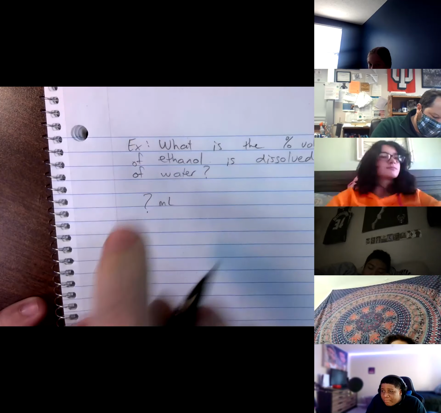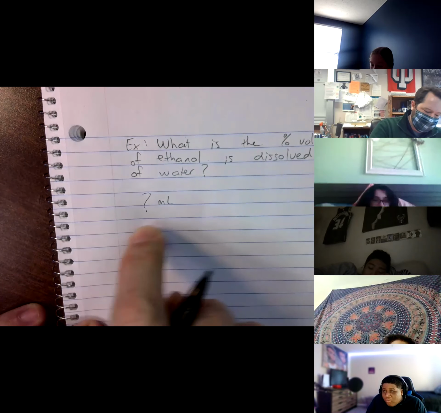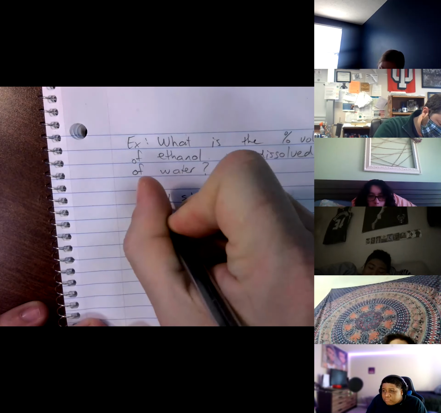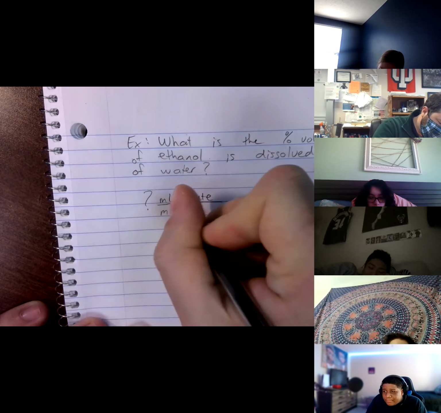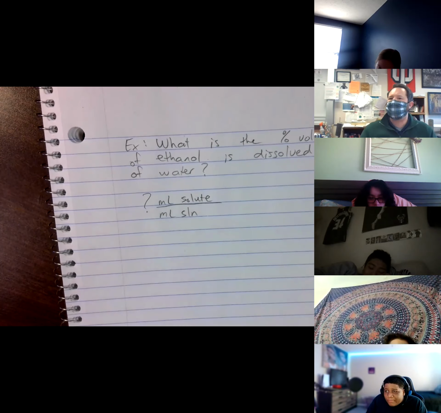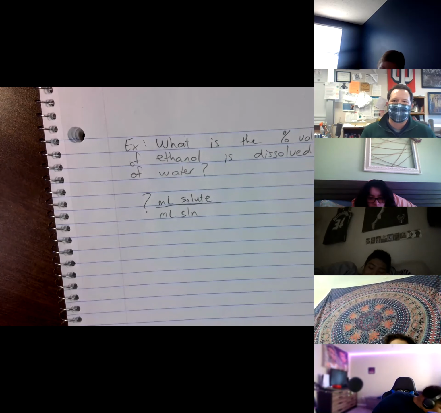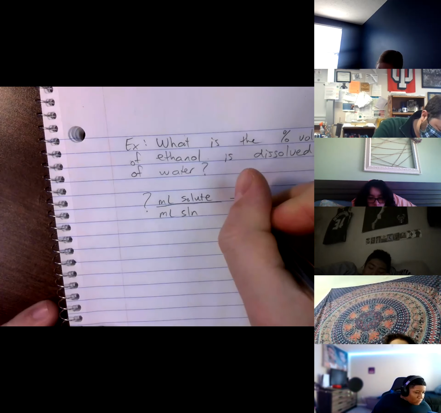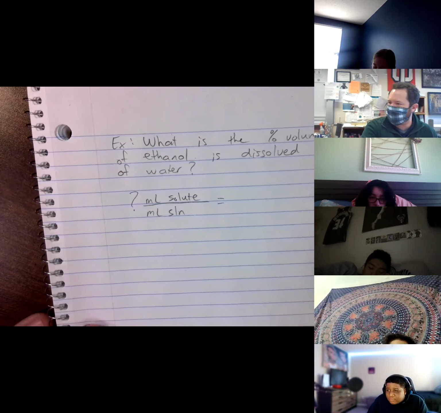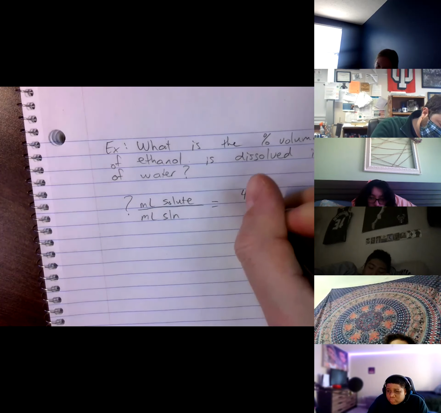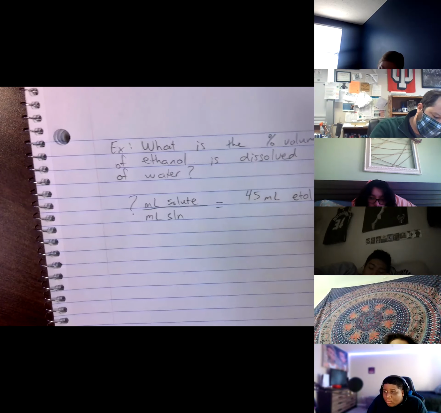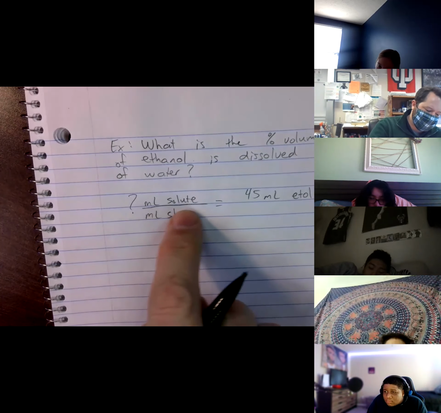Again, let's start it off the same way. We're looking for milliliters of solute over milliliters of, and that's key, solution. Solution, SLN for solution. Okay, I've still got my 45 milliliters of ethanol. That hasn't changed, so put that up top here. That's my milliliters of solute.